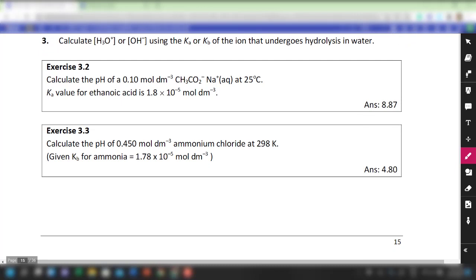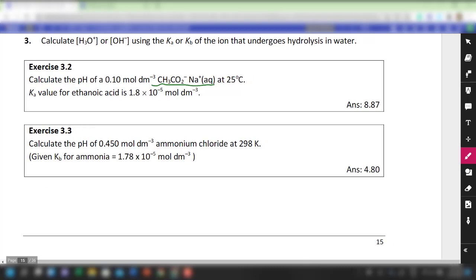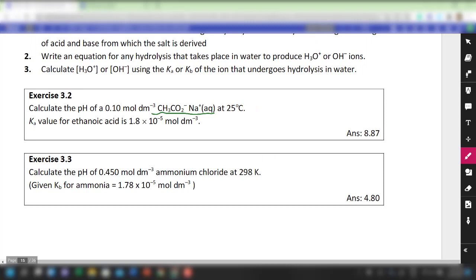In this case, we have sodium ethanoate. Sodium ion does not undergo substantial hydrolysis, so we will ignore it. So we have ethanoate: CH3CO2⁻ + H2O equilibrate to give me ethanoic acid + OH⁻.